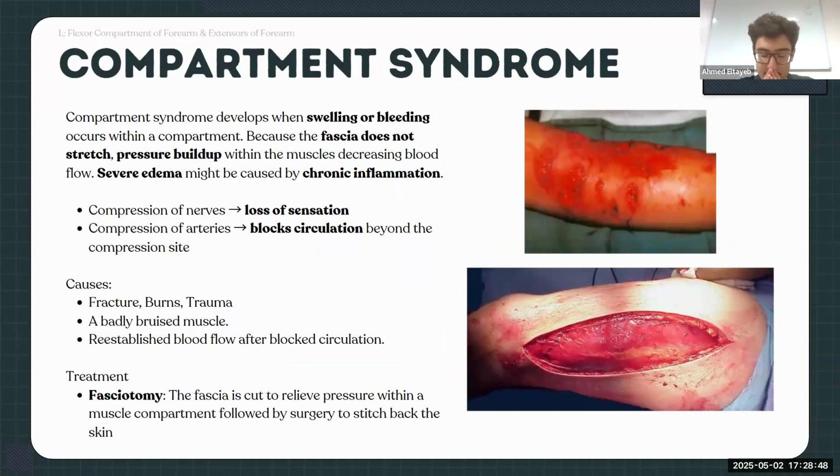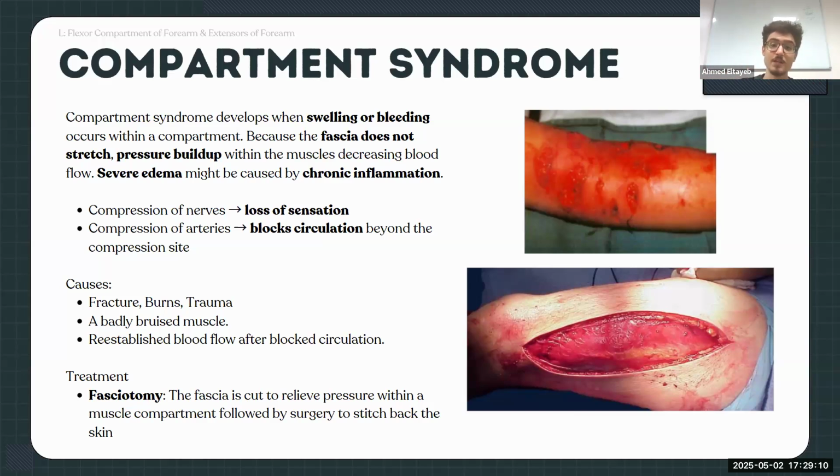Well, if we have pressure buildup inside the muscle or inside this fascia, how would that happen? Let's say, God forbid, we have a swelling or a bleeding hematoma, whatever. So you're going to have all of this fluid, edema, collecting inside the muscle and pressing across the fascia. Now this fascia is not stretching, and this fluid is not going anywhere.